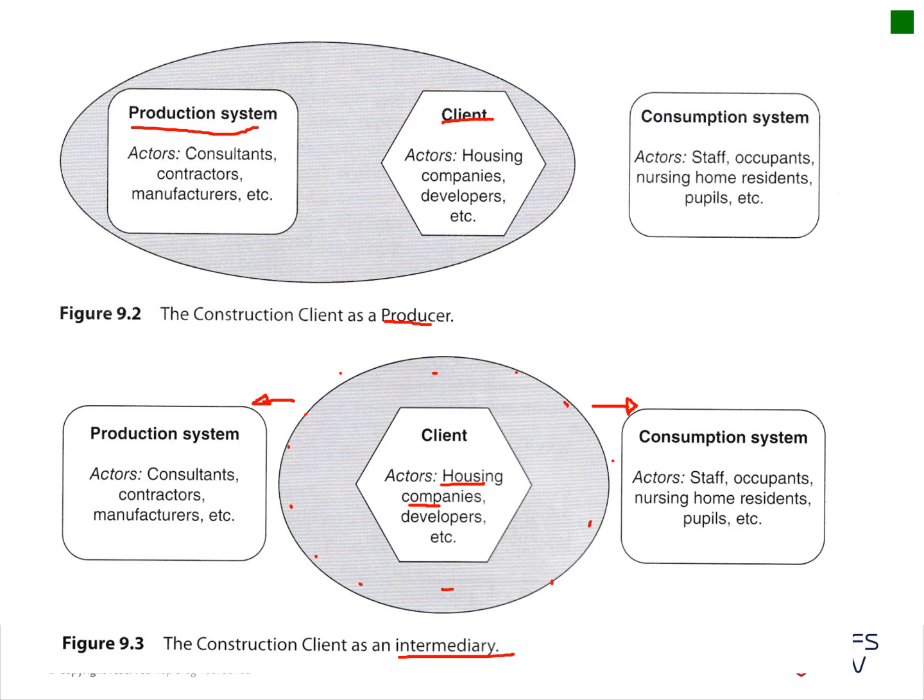Okay, so a good example of this is a developer who gets an outside procurement or consultants or production system. He only gives the money. It's like an investor. Investors are a good example of the intermediaries. Okay.